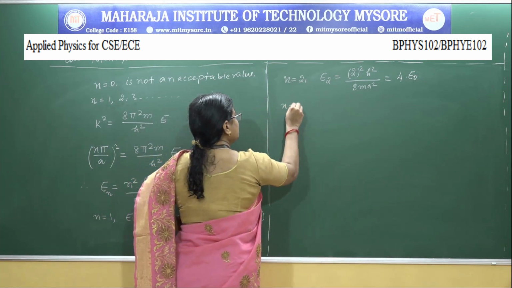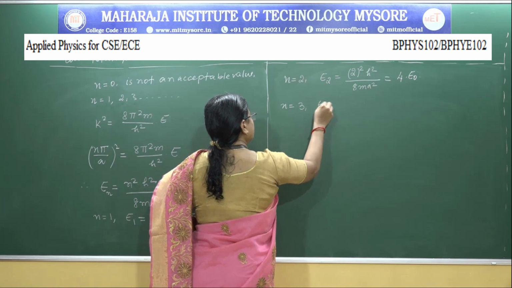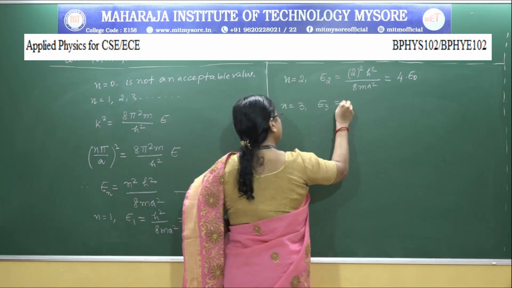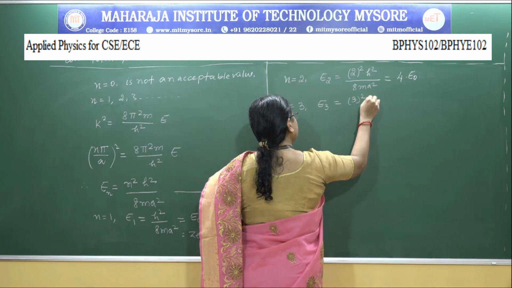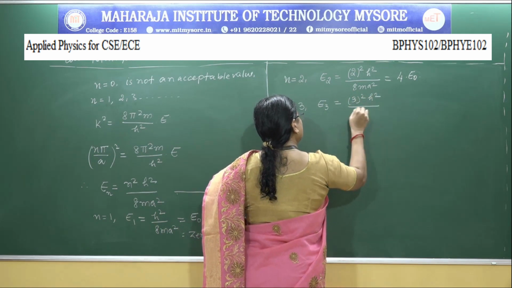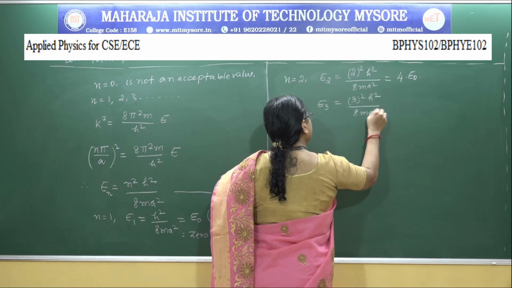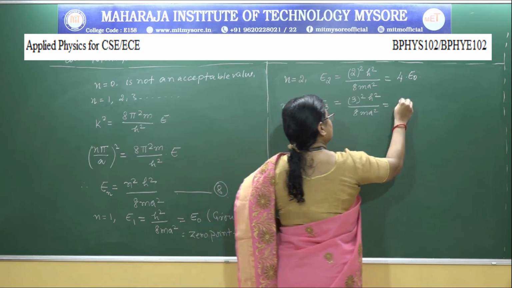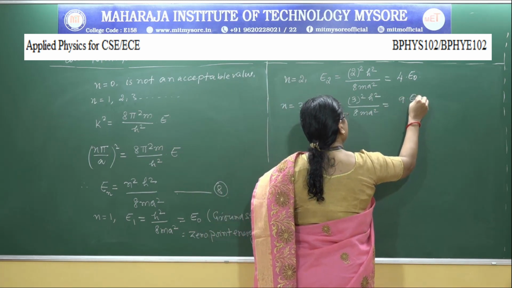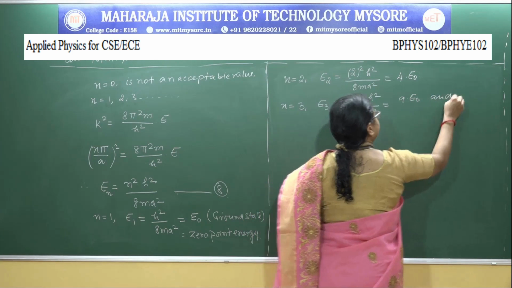If we take n is equal to 3, then E3 will be equal to 3 square h square by 8 ma square, and this will be equal to 9 E naught, and so on.